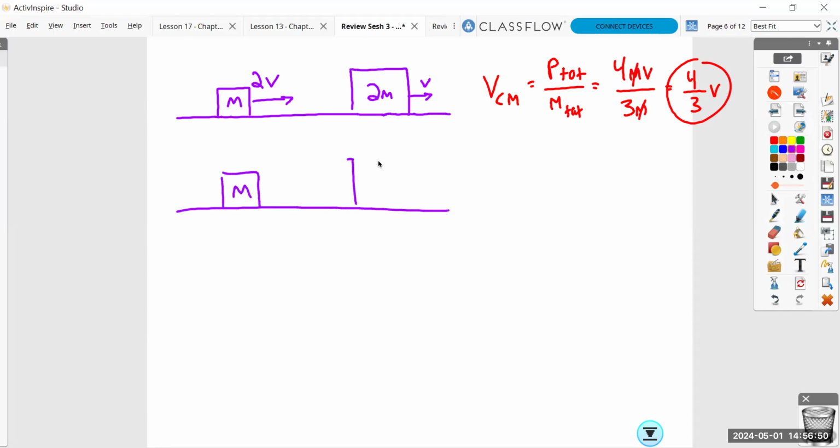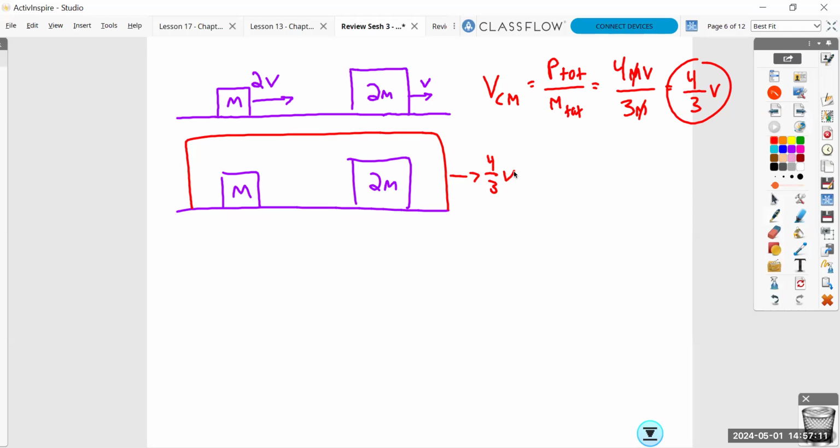If you recall, we shifted into the center of mass frame by imagining ourselves moving at 4/3 v to the right. Little m is still moving faster than us, but not a lot faster.